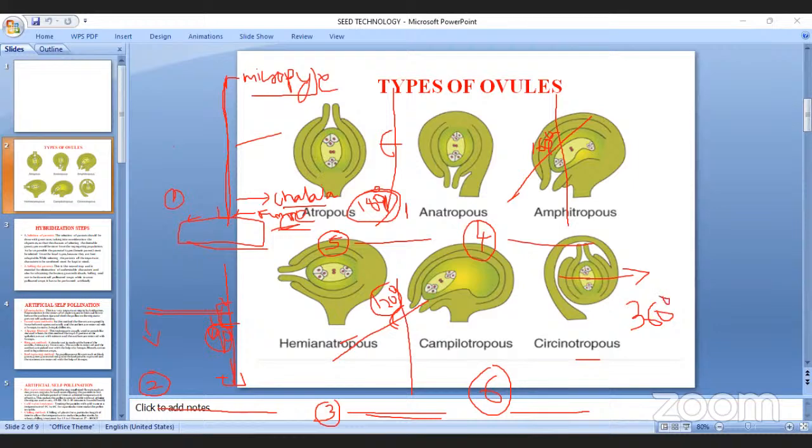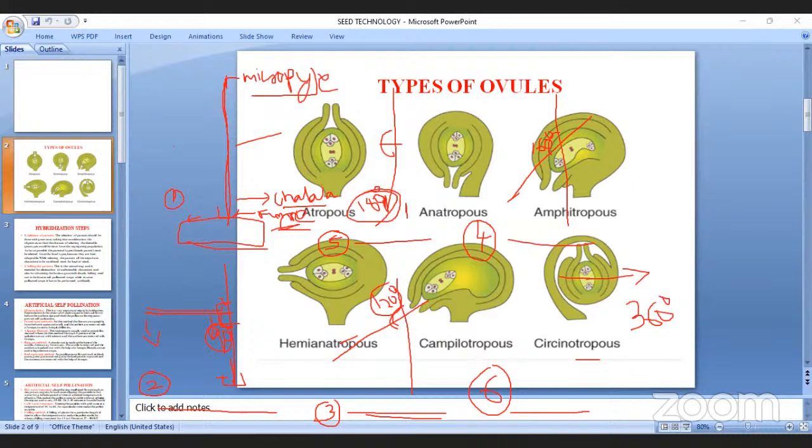So these are the types of ovule with examples. This is very, very important. In examination, in our book the order is different, so you can write either; you can follow your book headings or this class's headings.